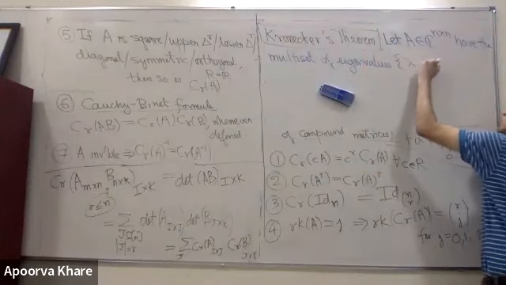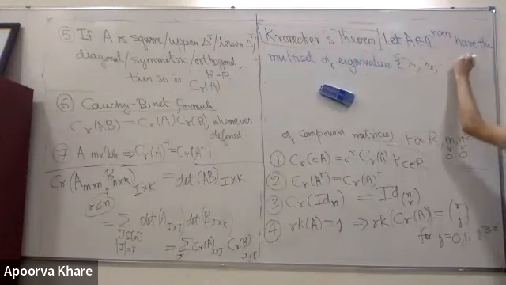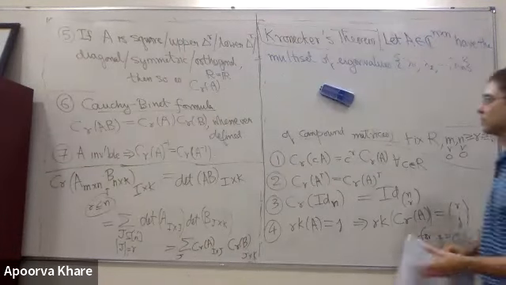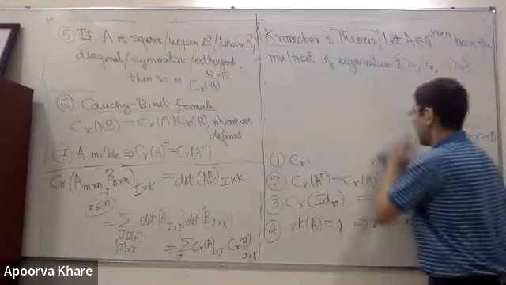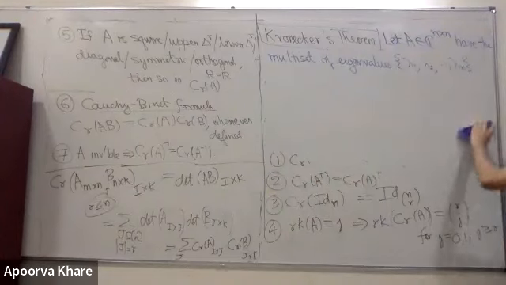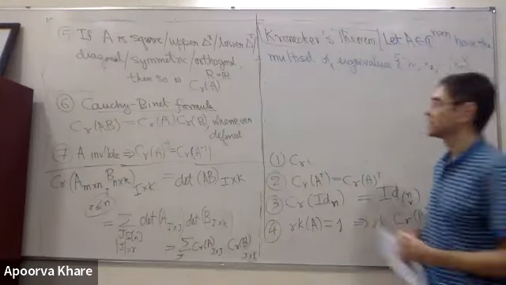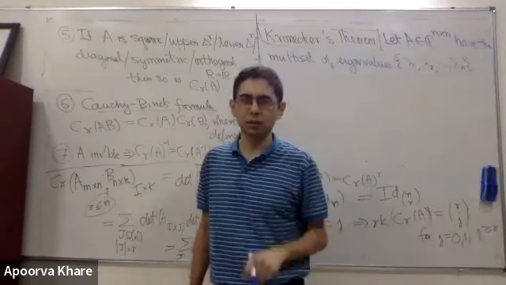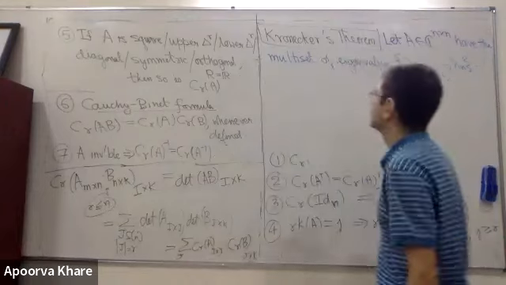Lambda 1, lambda 2, up to lambda n. Let A have this multi-set of eigenvalues. I can calculate exactly the eigenvalues of the compound matrices. The 0th compound matrix is 1 cross 1, so the eigenvalue is 1.